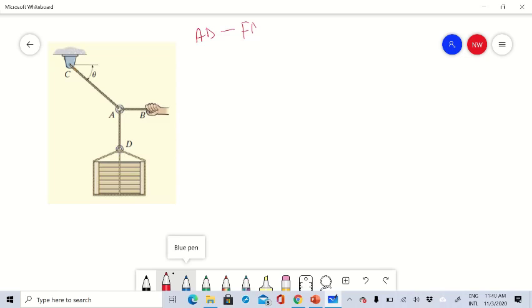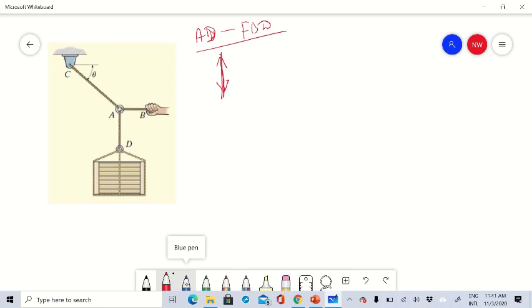If we take the free body diagram for cable AD, then if you take this cable, the tensions act like this, right?